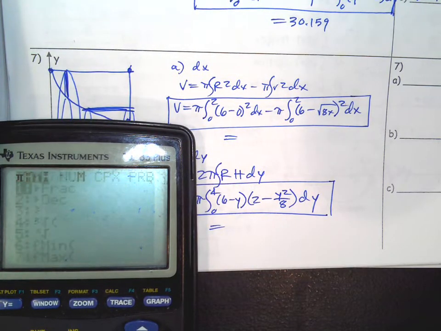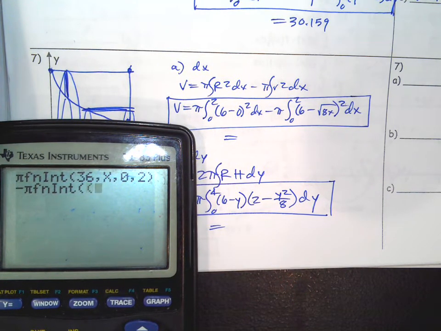Pi, math 9, 36, comma x, comma 0, comma 2, minus pi, math 9, parentheses 6 minus the square root of 8x, close, close, squared, comma x, comma 0, comma 2.